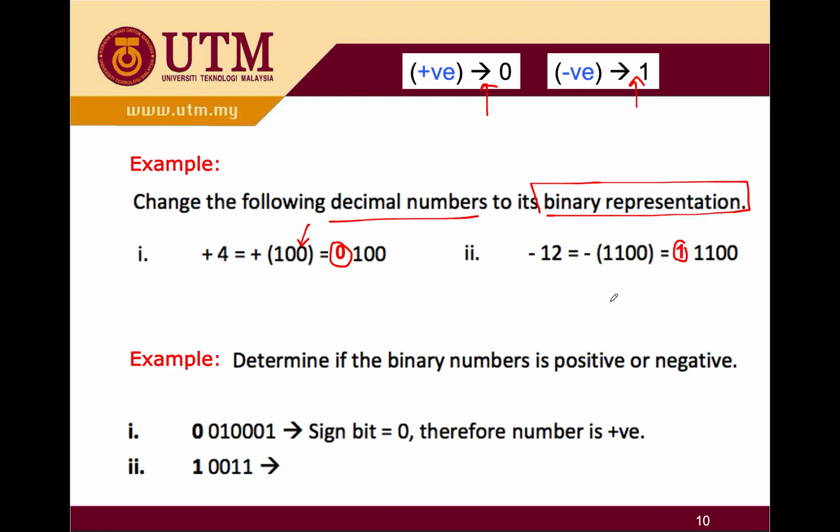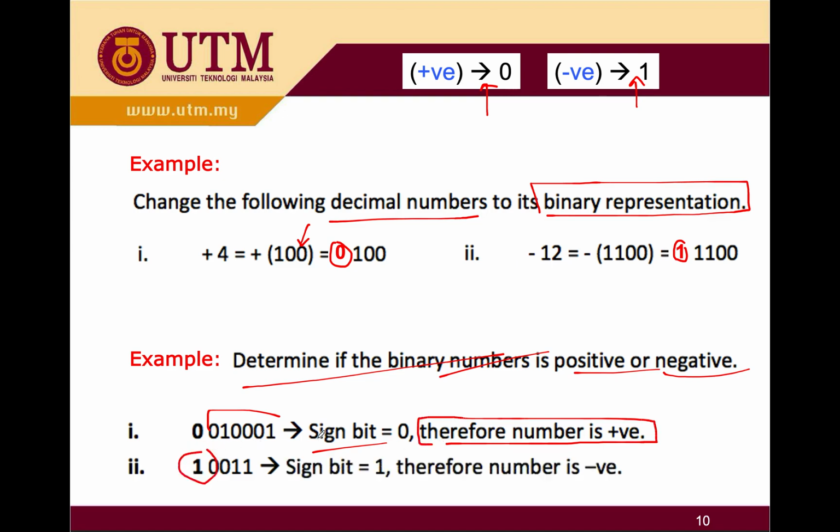And this one you can also try on your own. Determine if the binary number is positive or negative. You were given this one, the sign bit is 0 so the number is positive, and 1 here in front means it is negative.